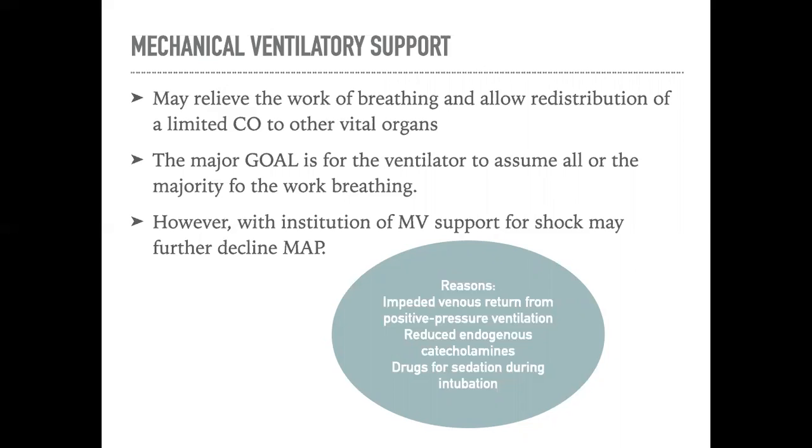I mean, the mean arterial pressure may further fall once you start giving positive pressure. The reason for this is that venous return could be impeded with the increase in the volume in your thorax. There could be a reduction in the endogenous catecholamines. And when you initiate endotracheal intubation, you might need sedation, and these drugs are also known to reduce blood pressure.